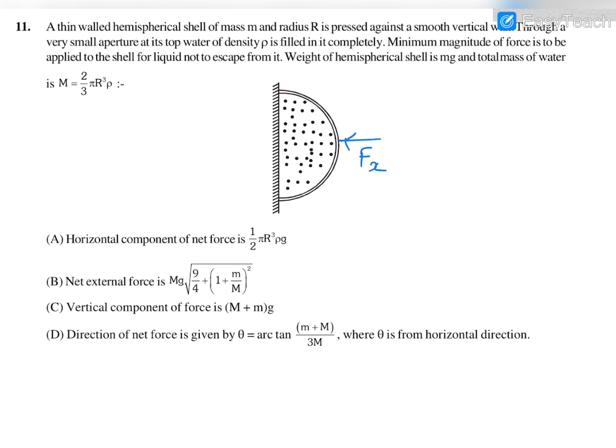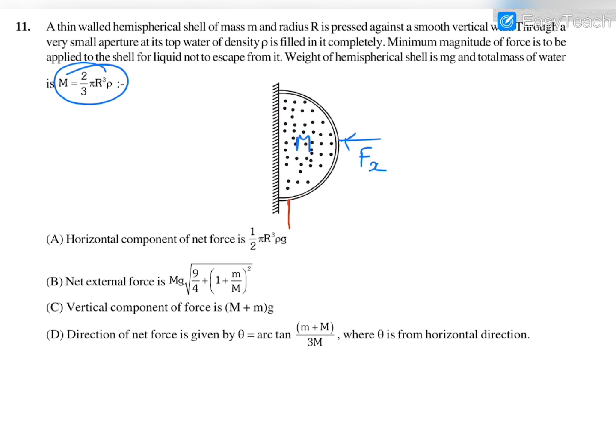So we have to find out the minimum magnitude of force applied on the shell so that the liquid does not escape from the shell. Now the weight of the water filled in the shell is mg, and m is 2 by 3 pi r cube rho, which can easily be seen.